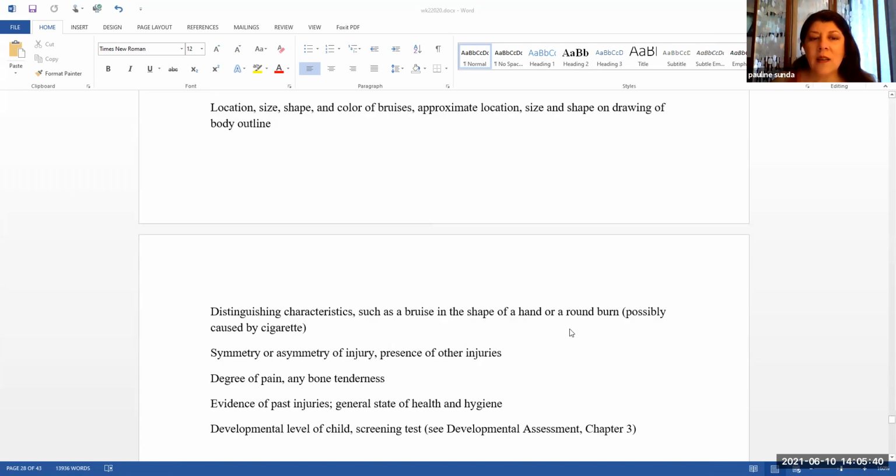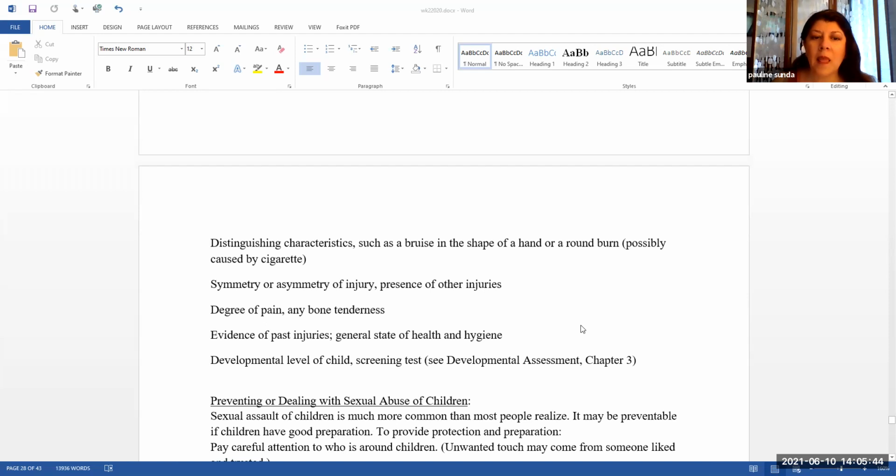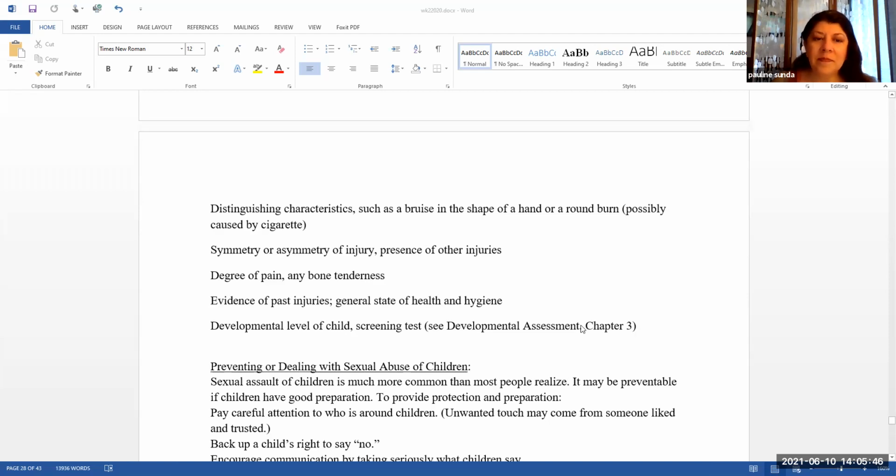And really, it's much better to have pictures. Other things that you want to take a peek at would be things like symmetry or asymmetry of injuries, pain, do they have past injuries? And then again, doing a developmental test on the child to see if they are having any issues there as well.